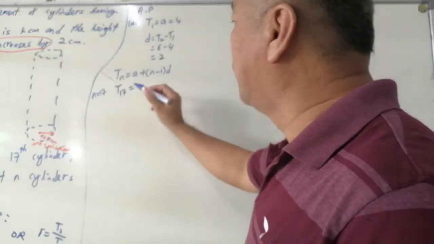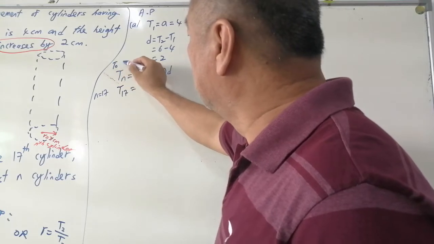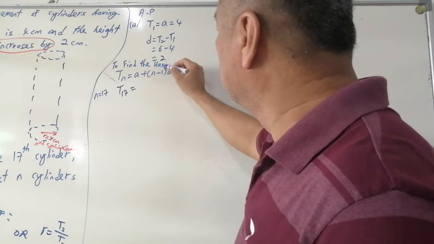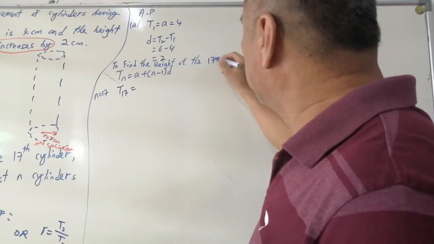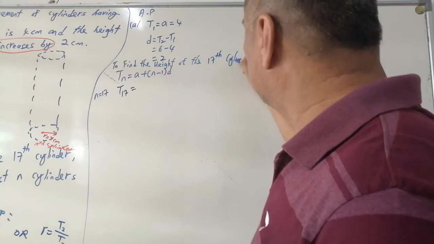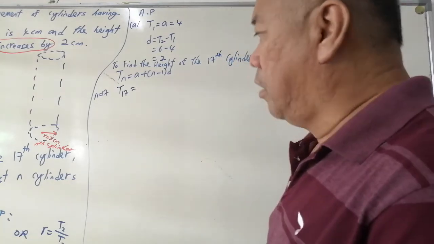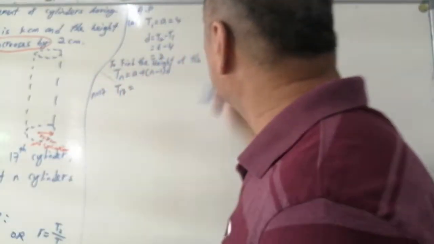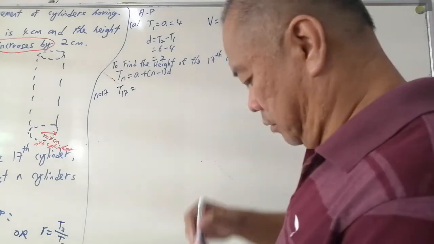T17. I need to find the height of the 17th cylinder first, because if I want to find the volume, the volume will be equal to pi r square h.